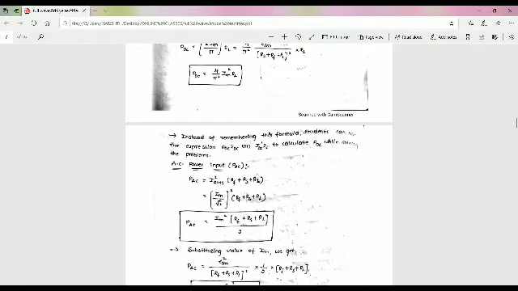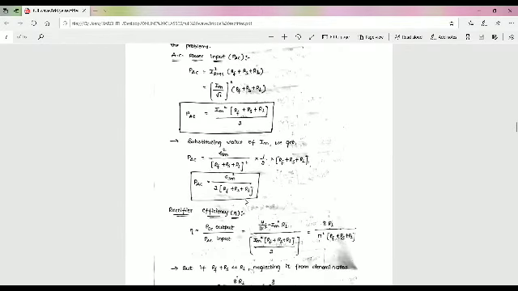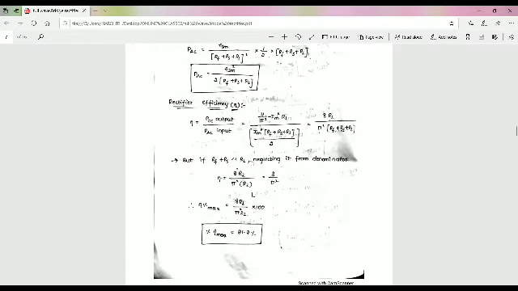So IRMS equal to Im by root 2 whole square into RF plus RS plus RL. So PAC equal to I square M into (RF plus RS plus RL) by 2. Substituting the value of Im, we will get PAC equal to E square Sm by 2 into (RF plus RS plus RL). Okay. And next parameter, rectifier efficiency.